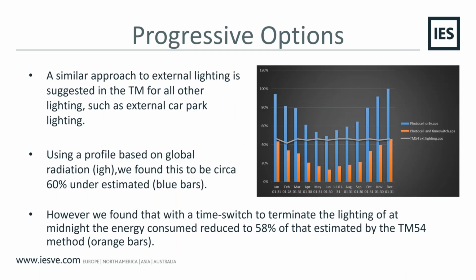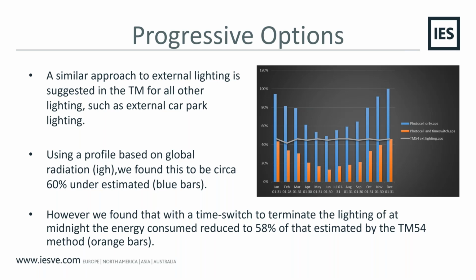A similar approach to internal lighting is suggested in the TM for all other lighting, such as external car park lighting, task lighting, and display lighting. In another example, using a profile based on global radiation to represent the operation of a photocell linked lighting control system, we found the Lenny to be circa 60% underestimating, as indicated here by the blue bars, the grey line being the Lenny approach.